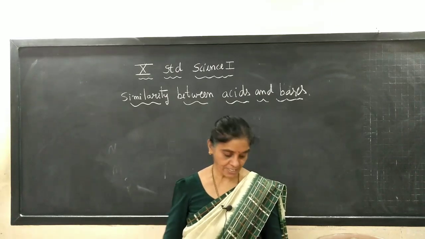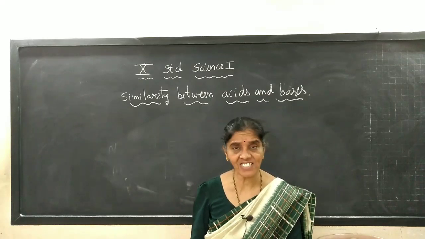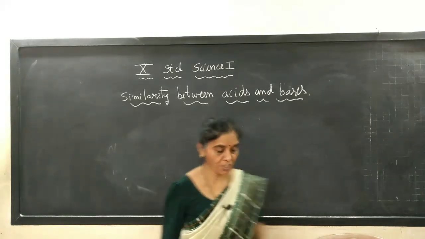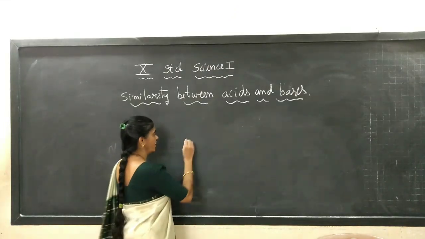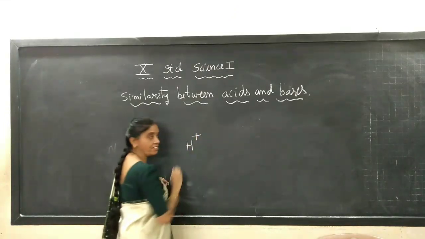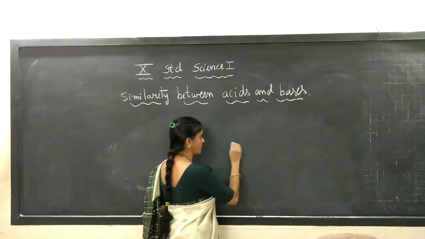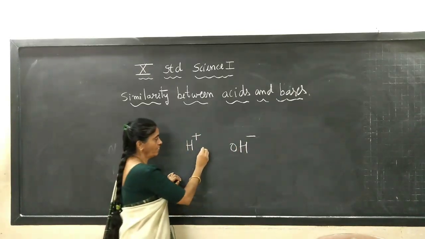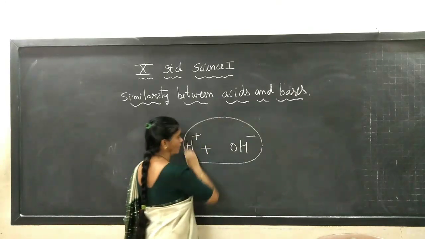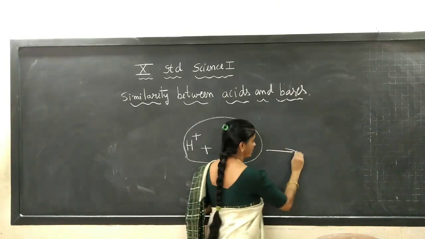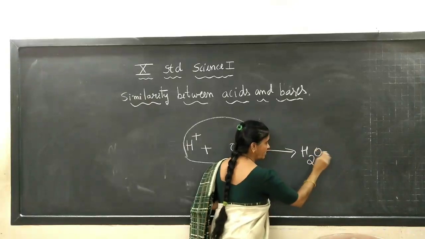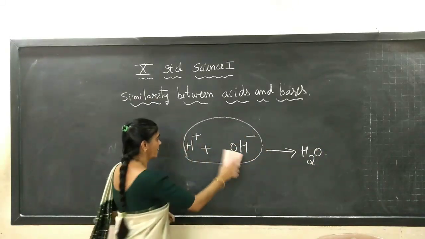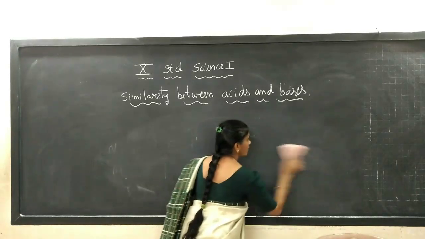The next thing is when an acid reacts with a base. You know acid has H plus ion, and the base has hydroxide ion. They will react to form water plus salt. This is the actual reaction taking place when acid is reacted with the base.